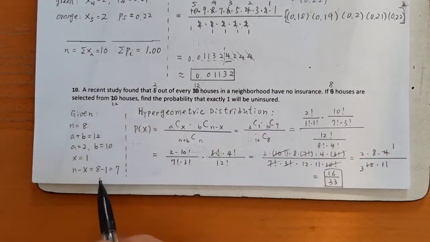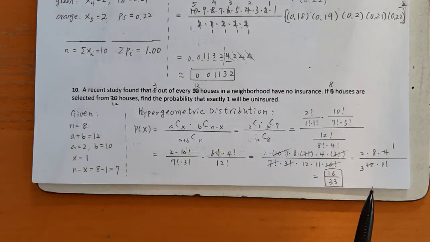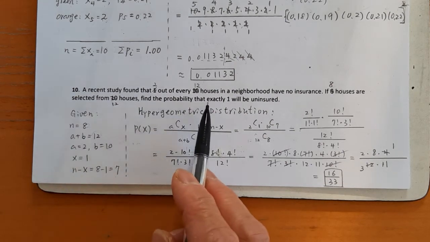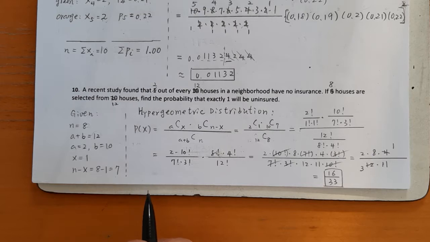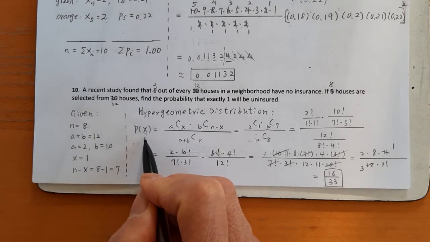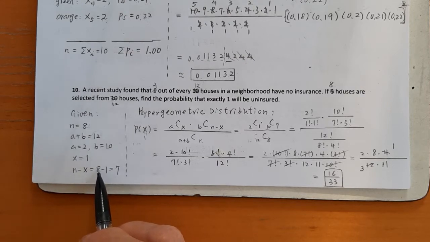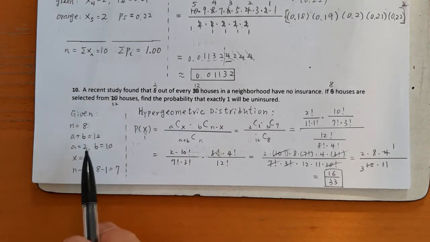You have 8 houses, and you separate them into 1 uninsured and 7 insured. We are looking for the probability when x equals 1, and n minus x, 8 minus 1, gives 7. So 1 uninsured, 7 insured.